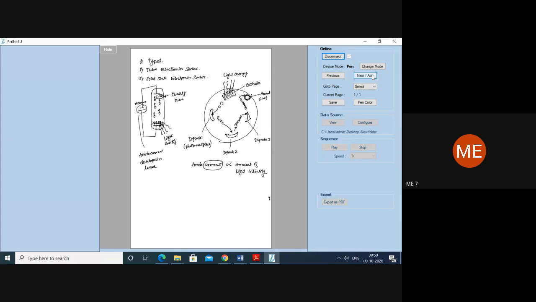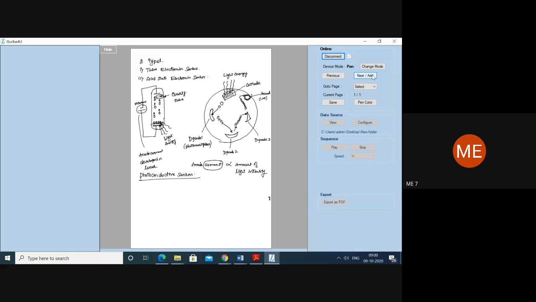This is about the photoemissive sensors. Then, if you go further, the second one is called the photoconductive sensors.